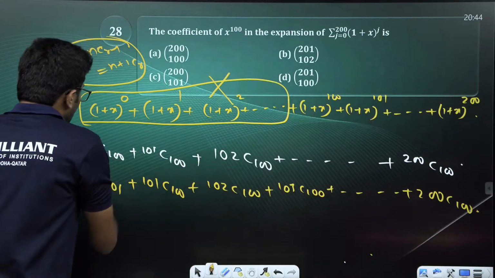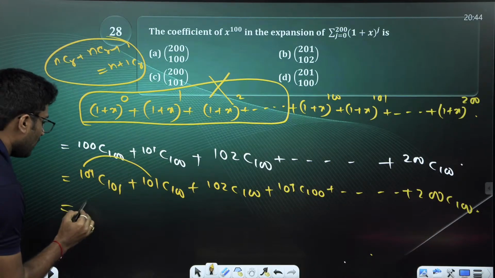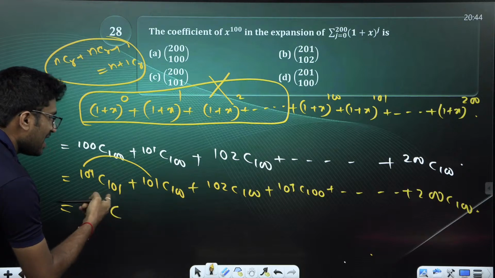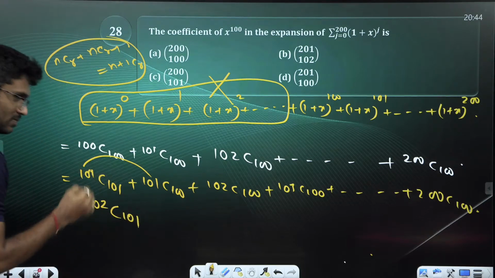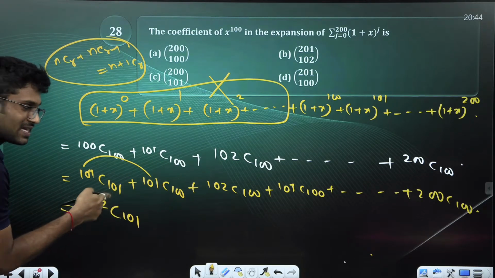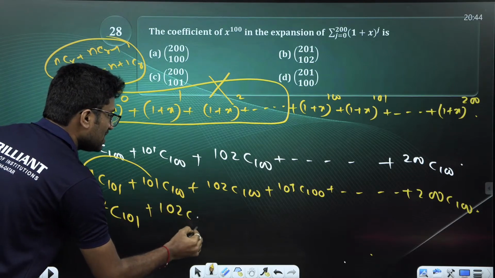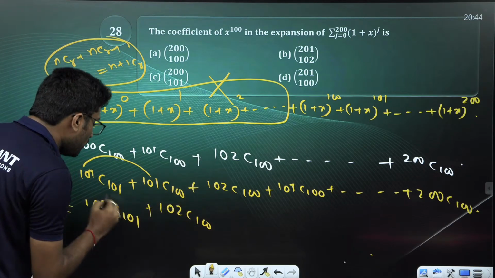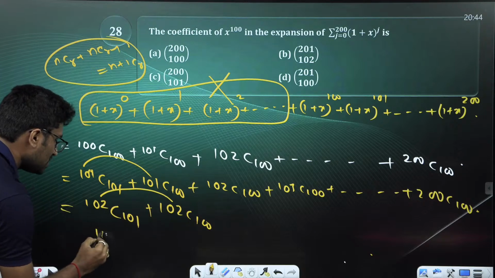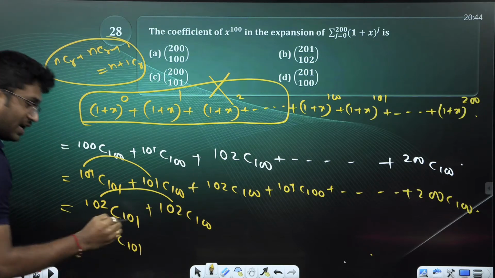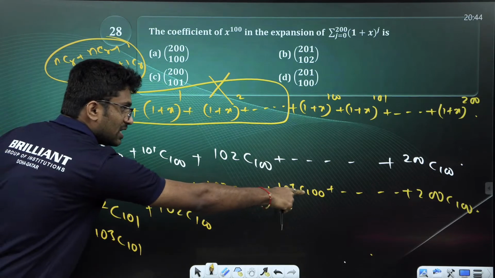So what do we get? The prefix will be increased by 1. That means 102C101. So in place of these two, I can just write 102C101 plus 102C100, which we already have. Now if you add these two, I get 103C101. Again there will be 103C100.